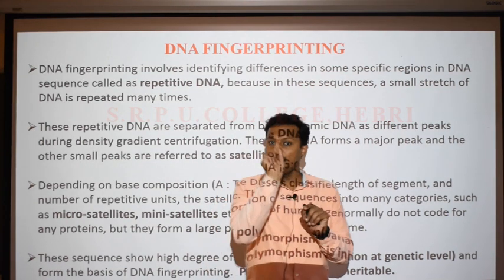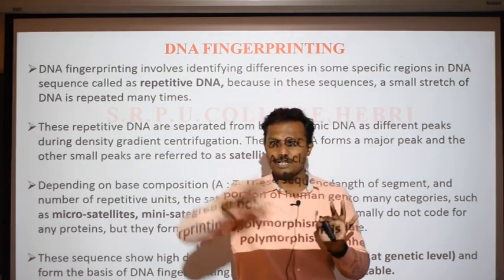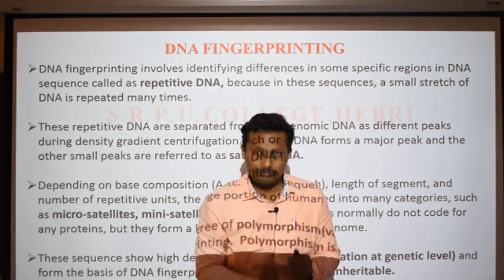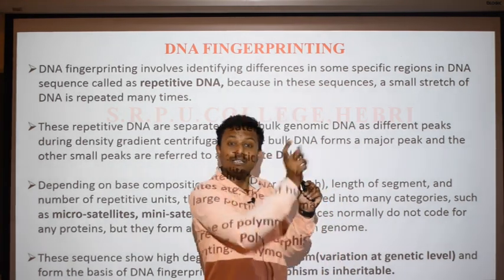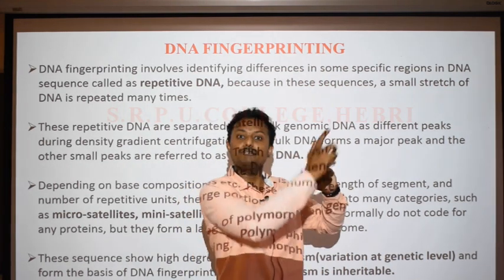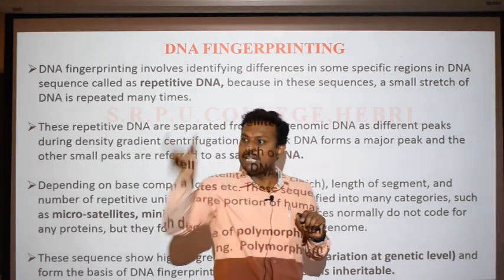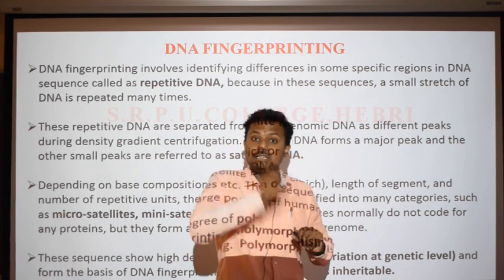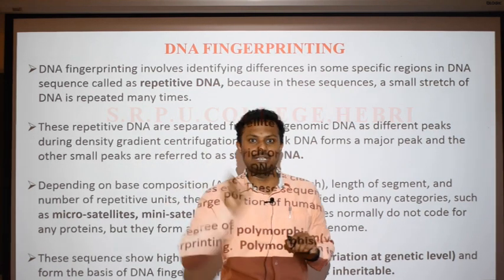If just one nitrogen base is repeated, that is called single nucleotide polymorphism, right? Or sometimes a set of nucleotides, a set of nitrogen bases, is repeated many times, and that is called tandem repeats. It is called tandem, T-A-N-D-E-M, tandem repeats.